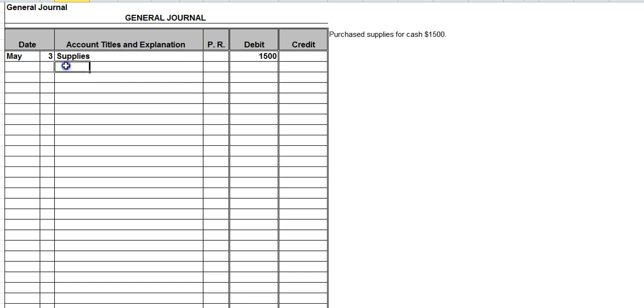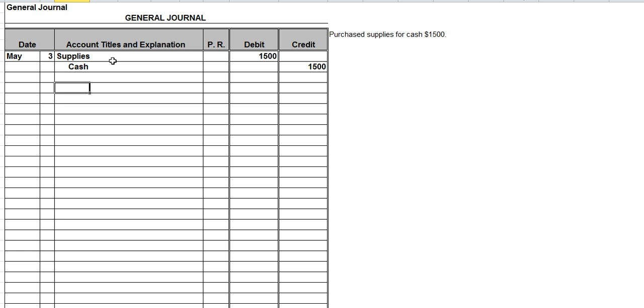So I'm going to come down here on the next line. We always indent our credit. So I'm going to go cash, and I'm going to come to the credit column, $1,500. And this is how we would record our journal entry. So we're basically taking the same information we had in chapter 1, the same thought process, and adding one more question. Does that make sense?